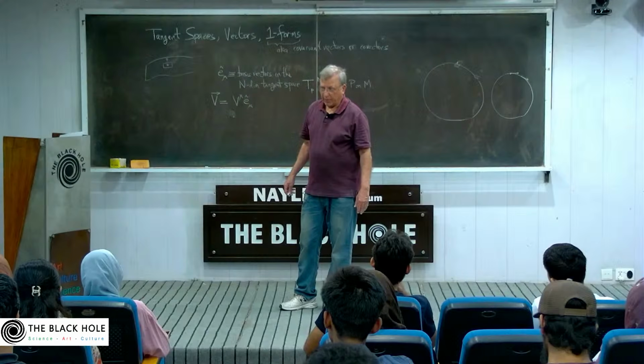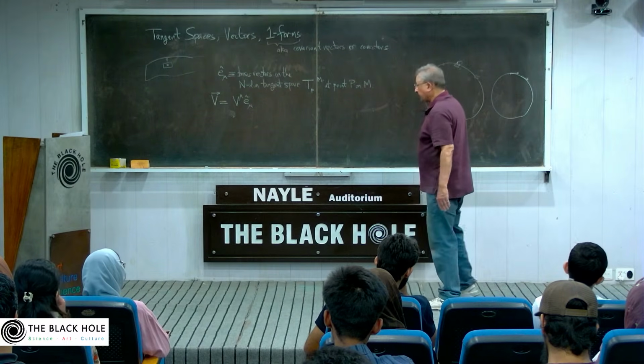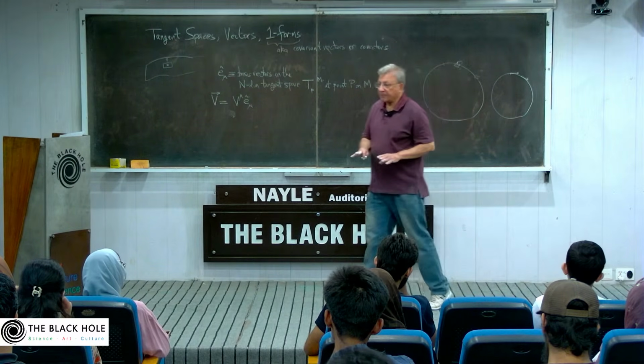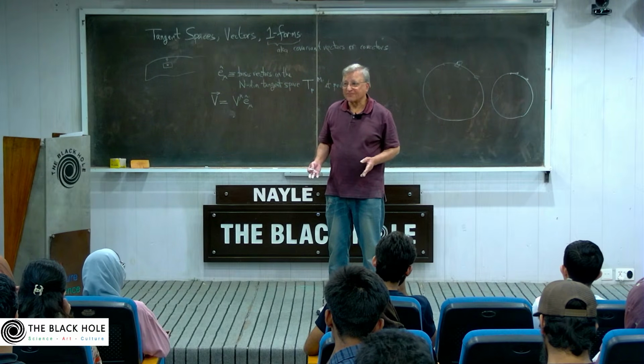Sir, when we are considering these tangents at the point P of a manifold, do these tangents have to lie on the manifold or can they be away from the manifold? Okay. You can see that if you follow the vector, it will go off the manifold.